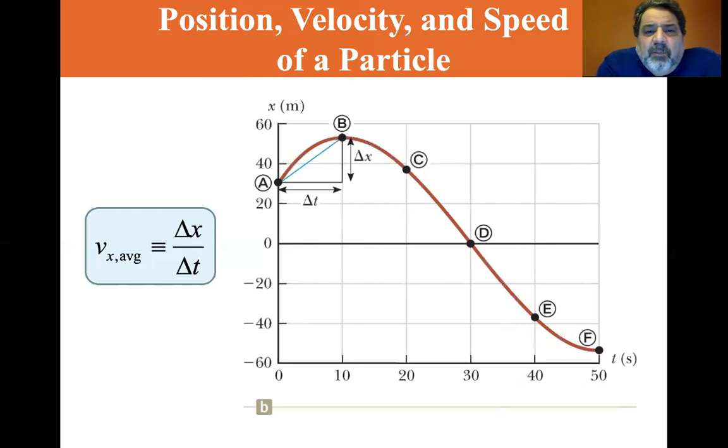You're looking at a slope from A to B, just like a slope: y1 minus y2 over x1 minus x2. You can get the slope here, and that gives you the average velocity over that period.